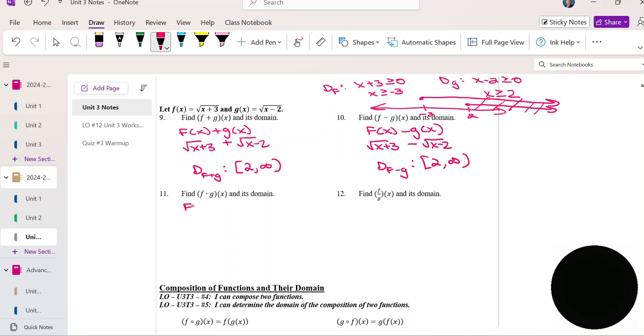Here, when you go f of x times g of x, now when you multiply, you can multiply under the radical. So x plus 3 times x minus 2, this is where you would FOIL, and you would get x squared plus x minus 6. And the domain of f times g is still greater than or equal to 2.